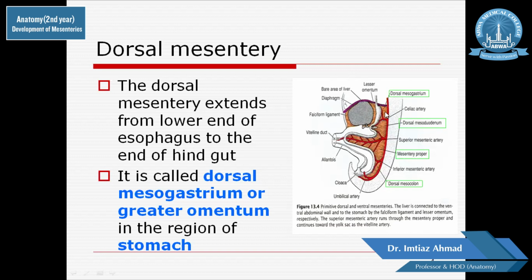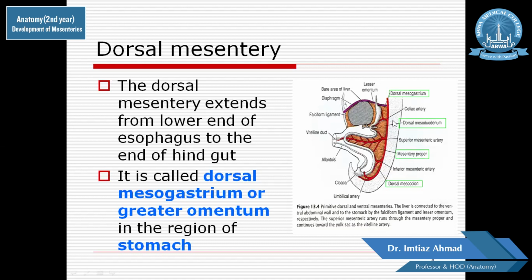So this all is connected to the posterior wall of the developing abdomen by this red fold of mesenchyme. In the upper part of the abdomen, in this region, this is connected to the anterior developing abdominal wall as well. But from here to here, in the rest of the gut, it is not. So the dorsal mesentery extends from the lower end of the esophagus to the end of the hindgut.